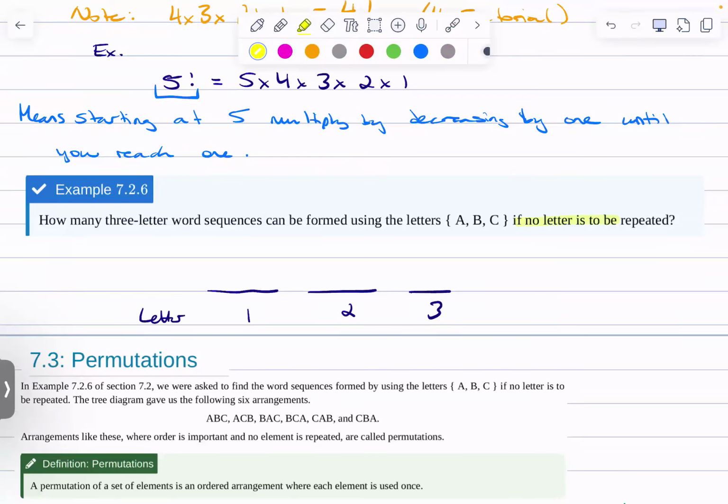If no letter is to be repeated. Well, for the first letter, I've got A, B, or C to choose from. So I have 3 choices. But if no letter is to be repeated, right, then I only have 2 choices left for the second one.